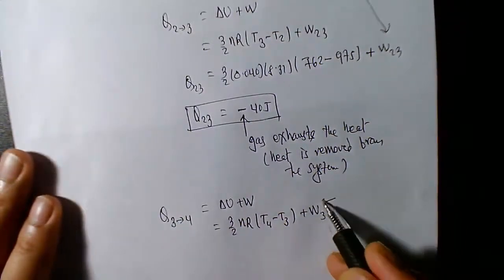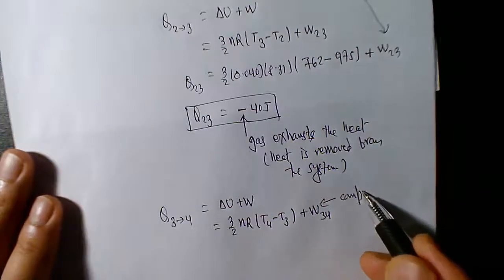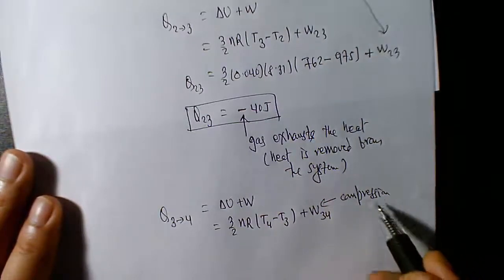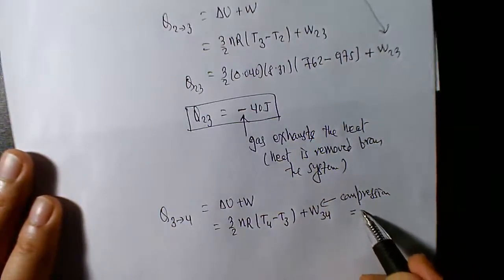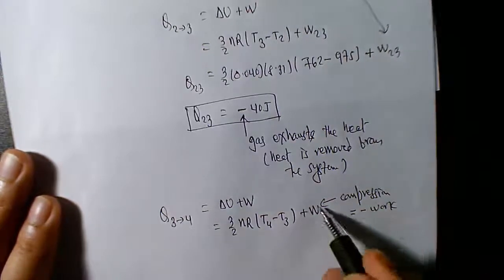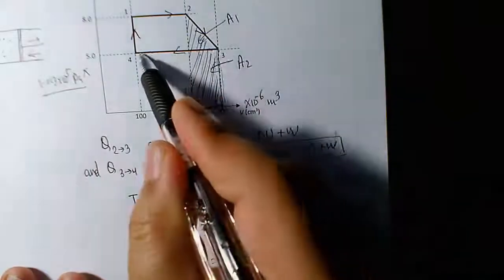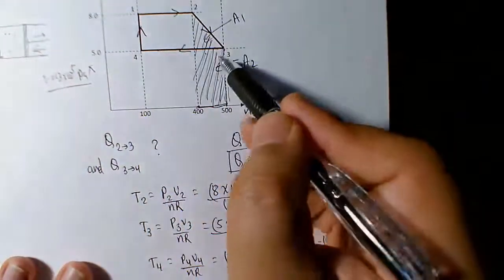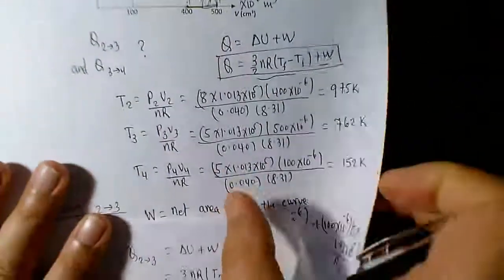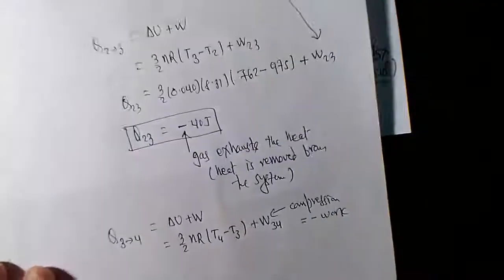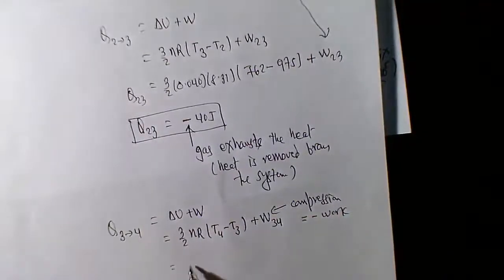It's a negative work, from the given diagram. You have to make the area negative because the gas is compressed during this process. Since you are going backward, it's a negative area.